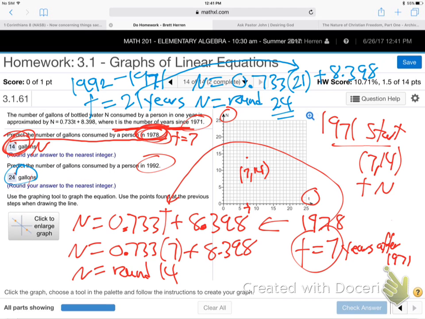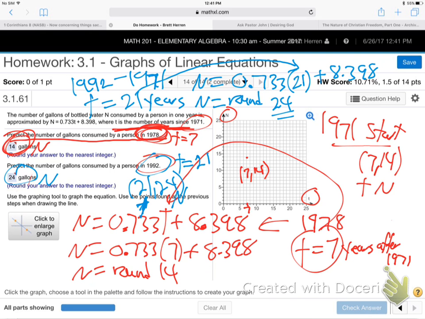Now, the next point we found is 1992, which was 21 years after the start, in 24. So that's the point 21, 24, isn't it? 21 years after this thing started, that's T, and then N, they drank 24 gallons.